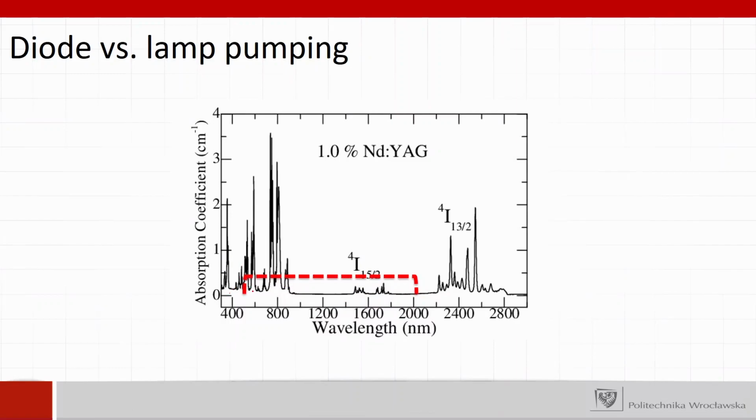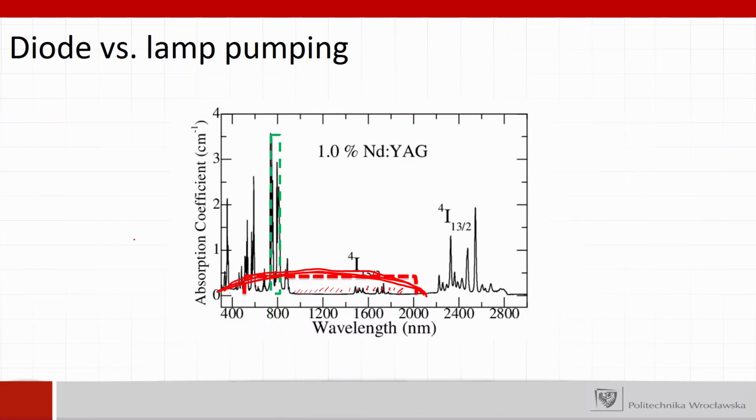Because the flash lamp is just white light, so it contains the spectrum from the entire bandwidth of the visible and near infrared radiation. As you can see, a lot of energy from the flash lamp is just wasted because we have no absorption there.